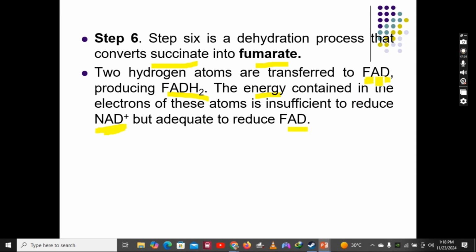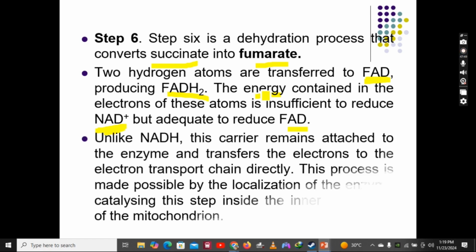That's why the FAD comes in. This energy at step number 6 is insufficient to reduce the NAD to NADH, so the only thing that can be reduced is the FAD to FADH2. That's what is happening at position number 6.